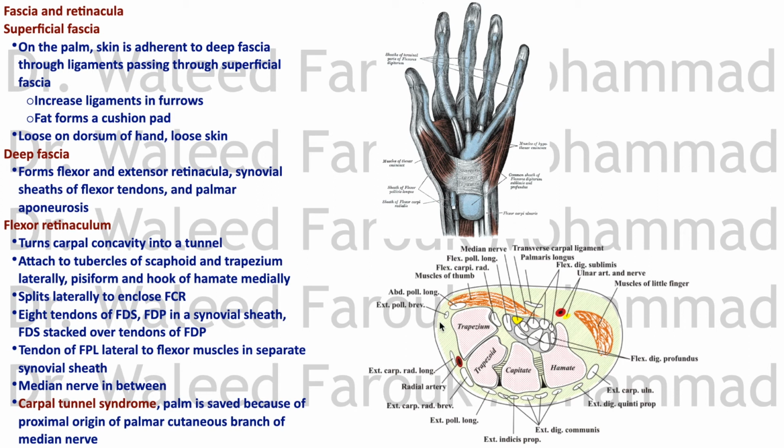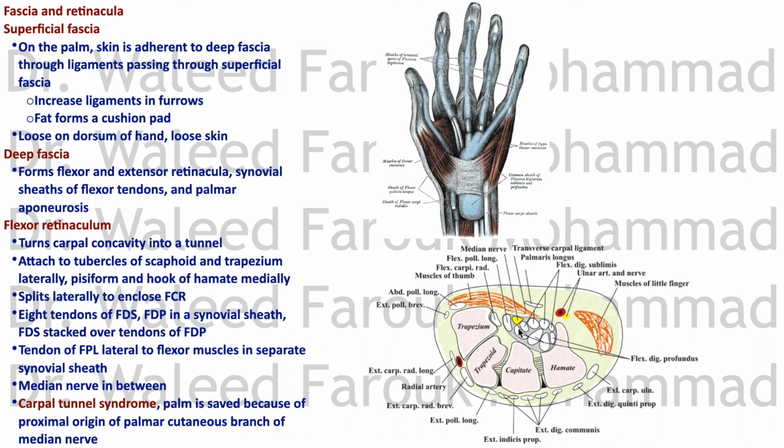If something is compressing or injuring the nerve inside the carpal tunnel, the nerve already gave off the palmar cutaneous branch before the canal, so the sensation on the palm will be spared. Only the sensation on the lateral three and a half fingers will be affected.